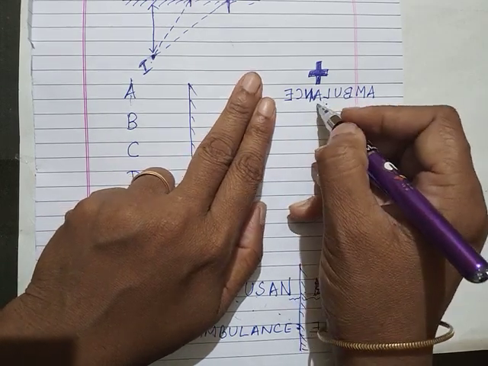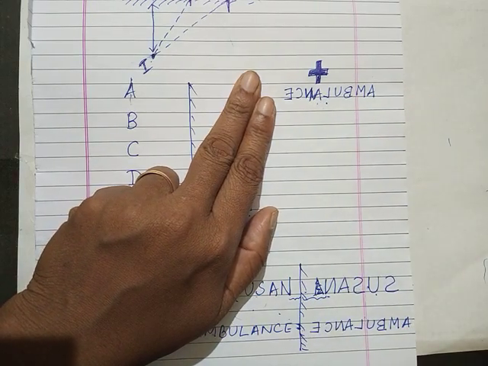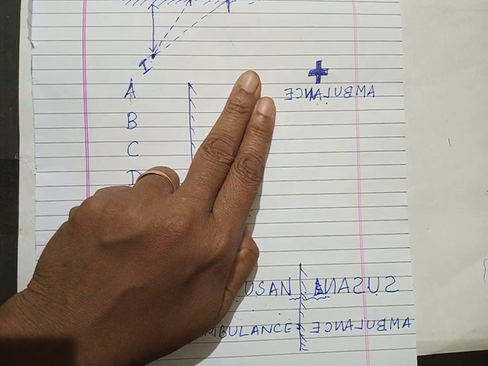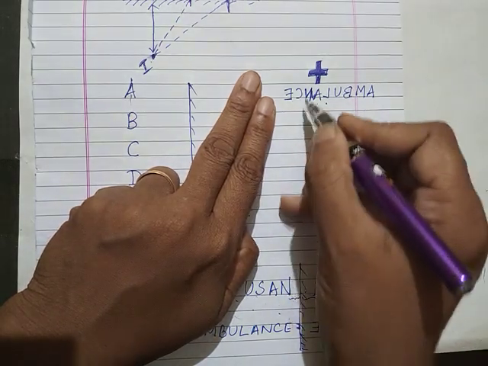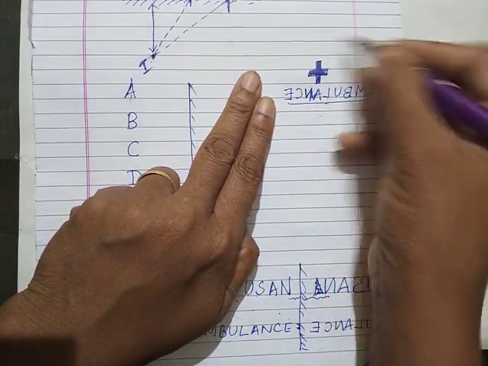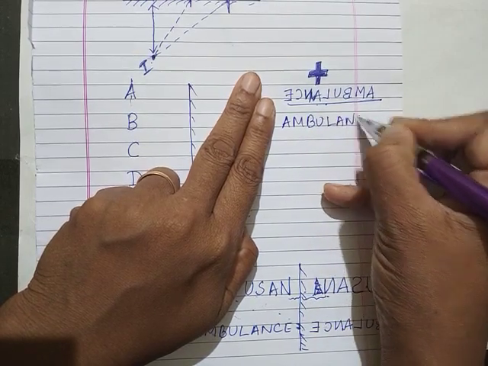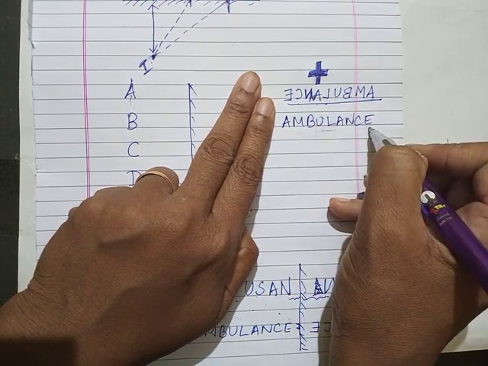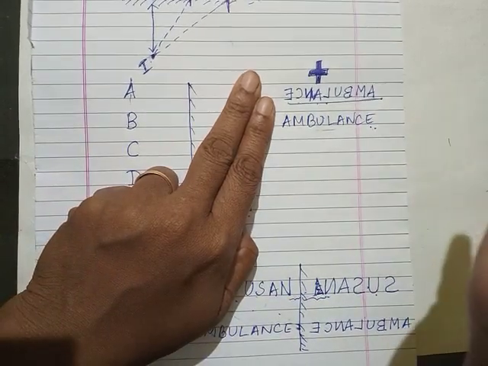Now, one main reason is, suppose your father is driving a car and there is an ambulance coming behind. Through the rear mirror, the side mirror, your father is looking at the ambulance. When he sees it in his mirror, the original image of this will be ambulance, right? So it will help him to read it quickly that it's an ambulance, and he will be able to give way so that the ambulance can go forward.